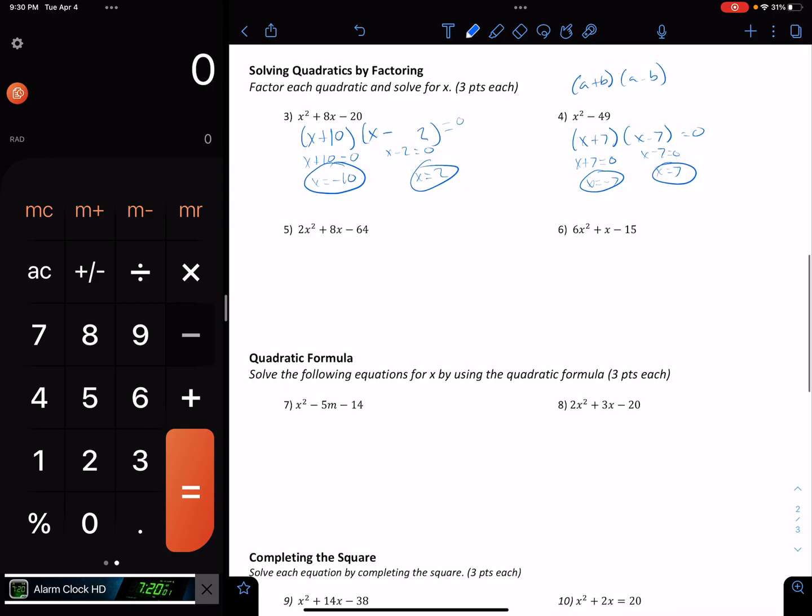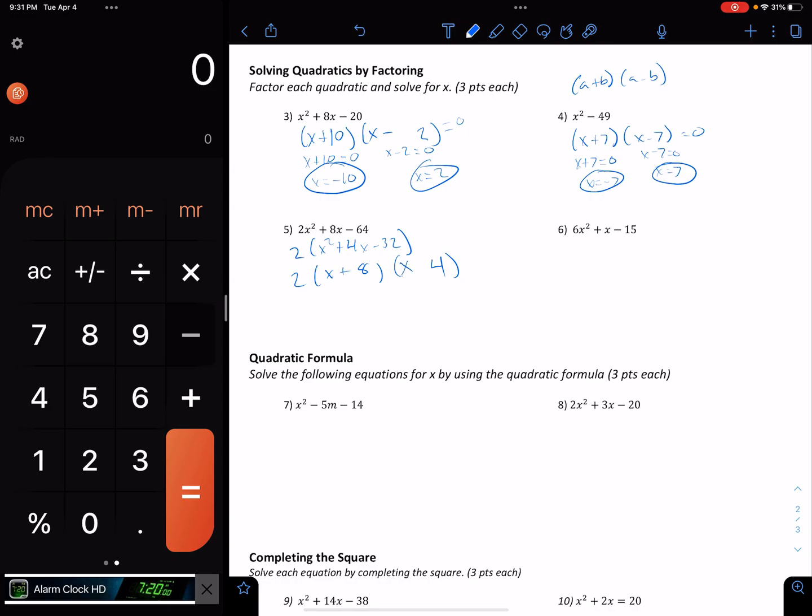Okay, on to the next one. It looks like we have to pull out a greatest common factor. So I'm going to pull out a 2. I'm left with x squared plus 4x minus 32. Okay, then I need two numbers that multiply to give me negative 32, but add to give me 4. So I know those two numbers are going to be 8 and 4.